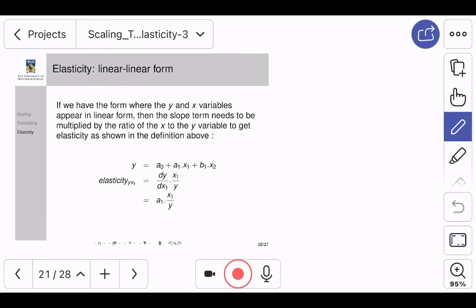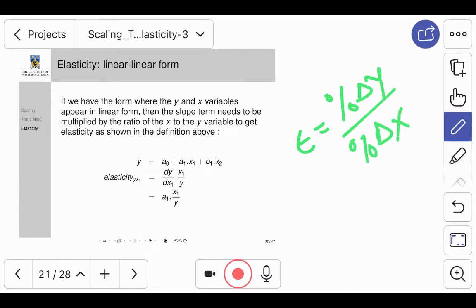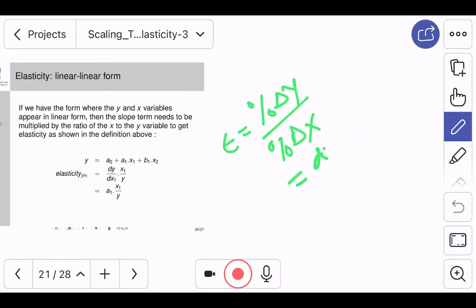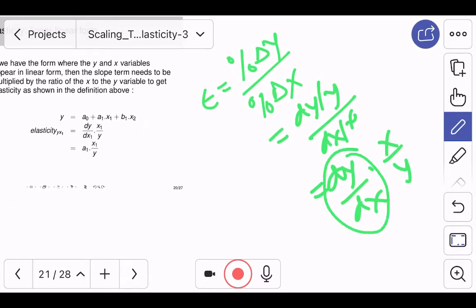So let's look at examples of how you calculate elasticity. If you have a linear function, and if elasticity is simply percentage change in y over percentage change in x, we showed that this was change in y over y, change in x over x. Well, we rearranged this and just said x over y. But in this case, this is simply our a in here.